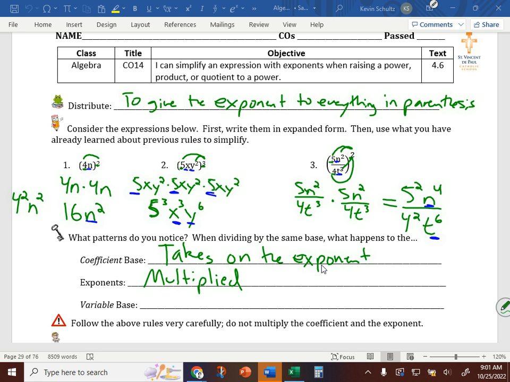We already kind of covered that. Even this first one, it's n to the first, and 2 times 1 still equals 2, right? But what about the base itself? Izzy? Stays the same. Okay? The base itself stays the same. The exponent changes because it's multiplied, right? But the actual variable base itself doesn't change.